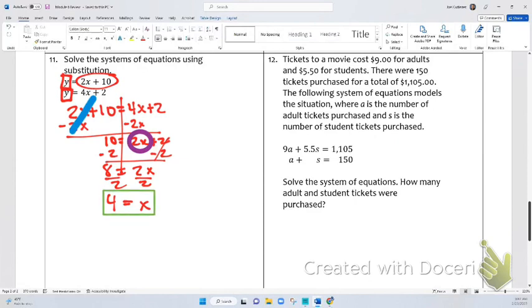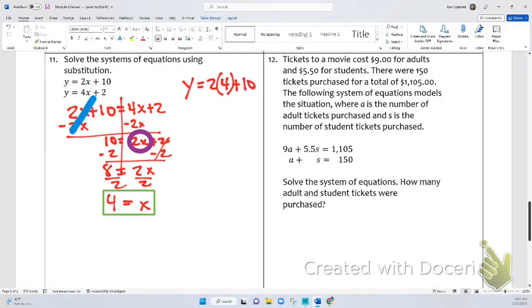Once again, always remember we found our x value, yay, but now we need to find our y value. You use any equation you want. Most of the time I usually just use the top one, so we'll use the top one here. It says y is equal to 2x plus 10. Well, we just found our x value. We just said that it's a 4.